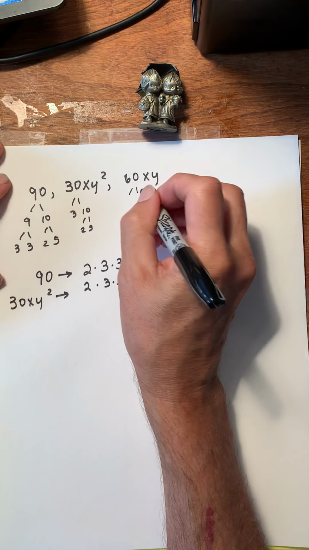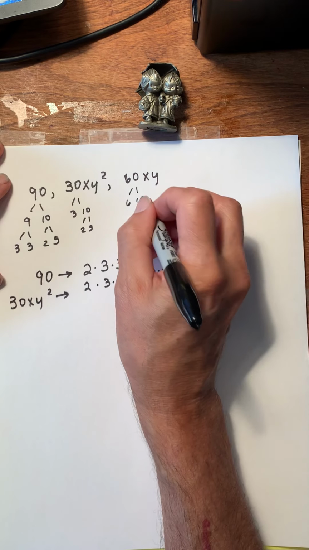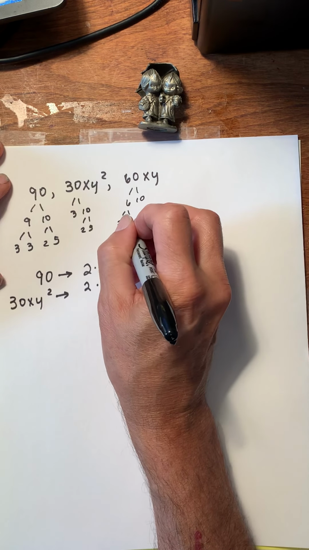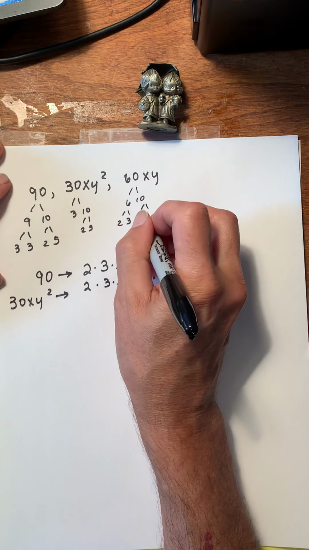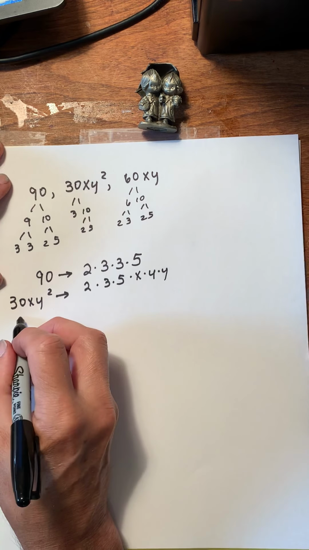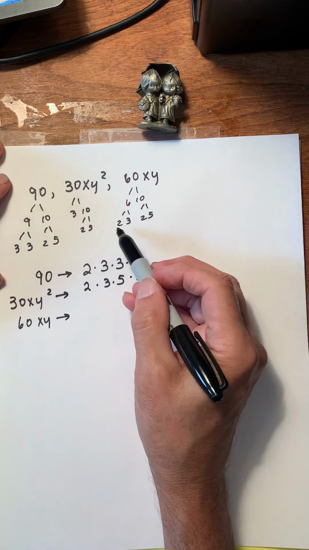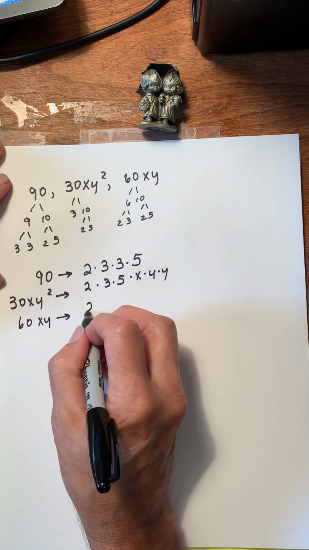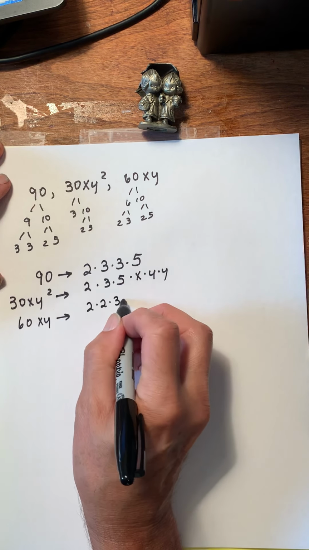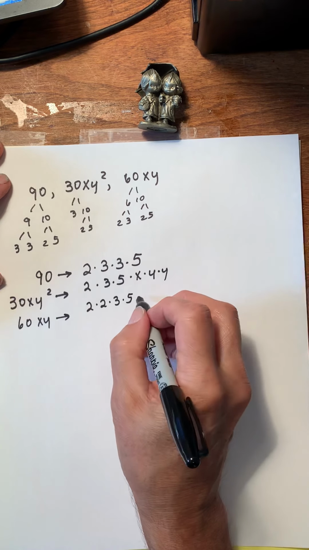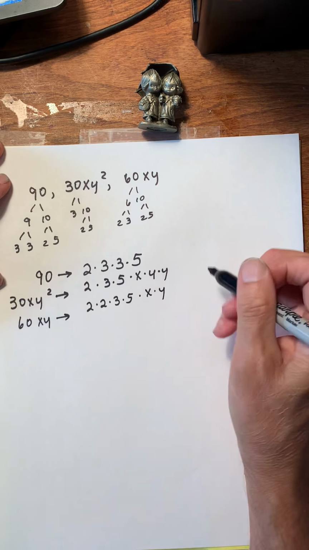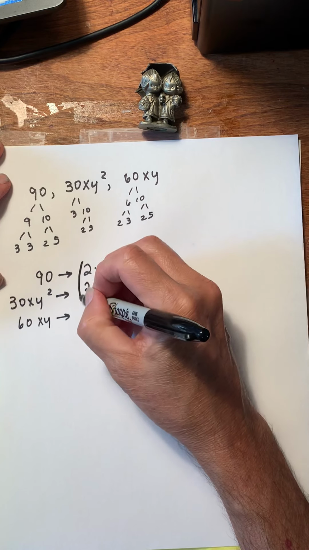60. 6 times 10. 2 and 3. 2 and 5. 2, 2, 3, 5. And an x and a y. What do they have in common? Well, they got a 2.